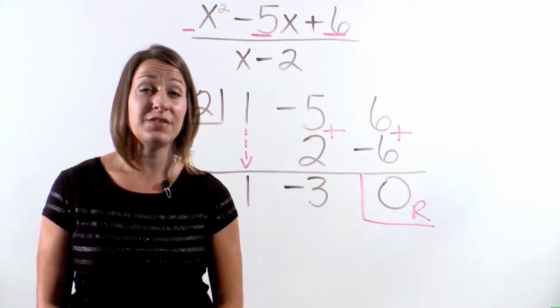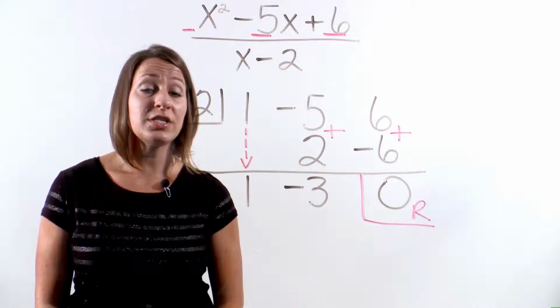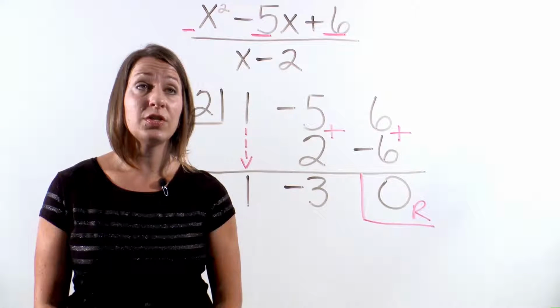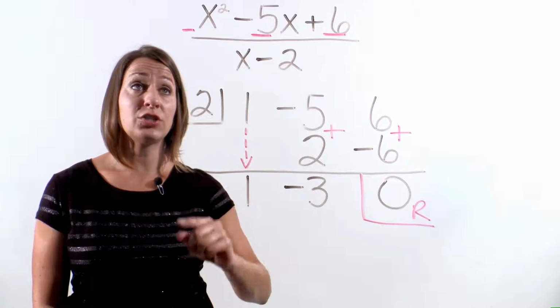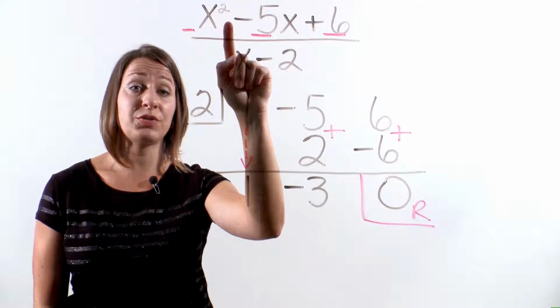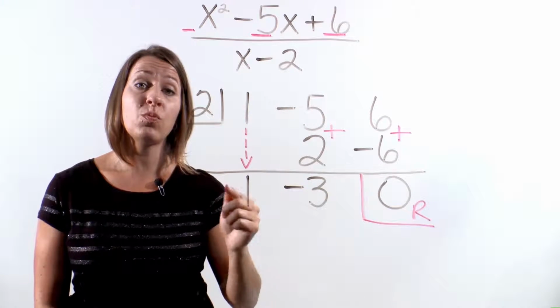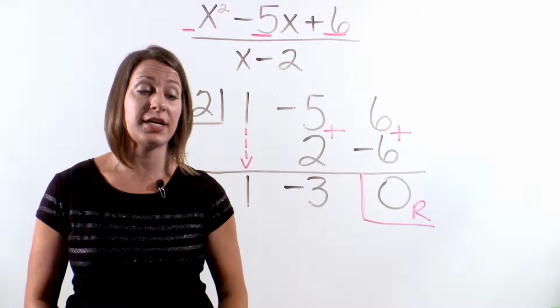Because this was a division problem, we're going to start with the term 1 lower than the original trinomial. Our trinomial, the highest degree, was x squared, so our answer is going to be 1 term lower than an x squared.